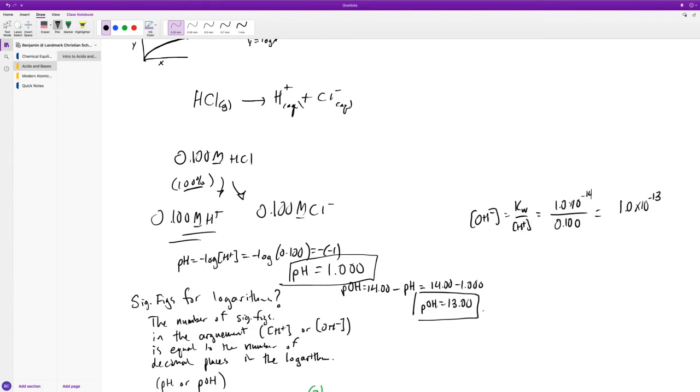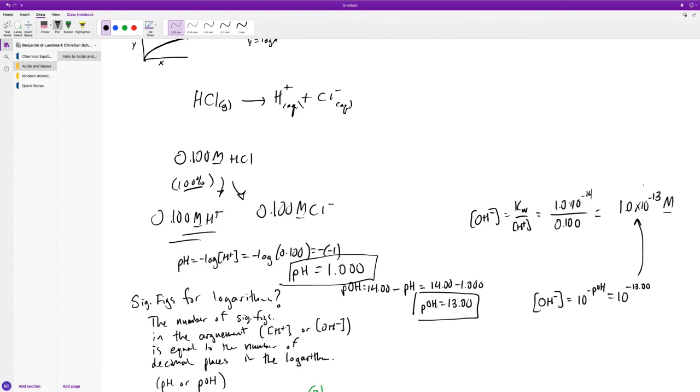We could have also arrived there by recognizing OH minus concentration is going to be 10 raised to the negative pOH. Okay, so maybe that's even easier, 10 raised to the negative 13. Okay, and the number of decimal places in my pH becomes the number of significant figures in my concentration.